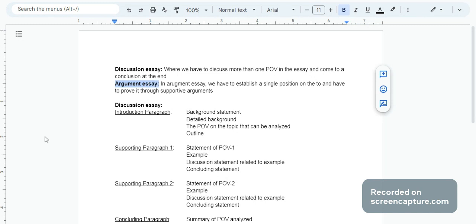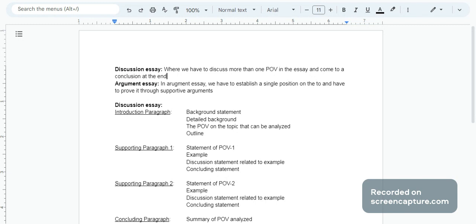If a topic is not originally a discussion or argument essay, you can make it one. Any topic can be written in these two formats. So it's very easy. I have broken it down for you.